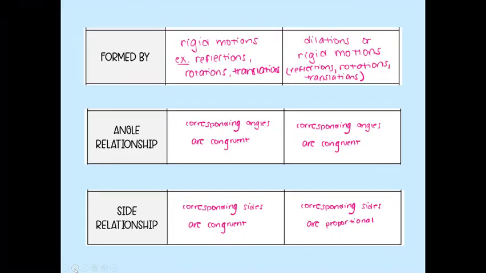All right. Here we have how these figures are formed. So congruent, once again, this is your congruent column, and this is your similar. Congruent figures are formed by rigid motions: reflections, rotations, and translations. Similar figures are formed by dilations or rigid motions: reflections, rotations, translations.